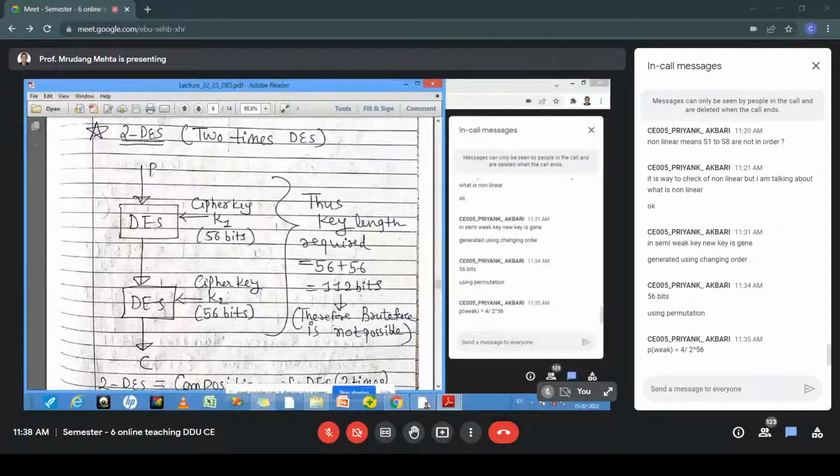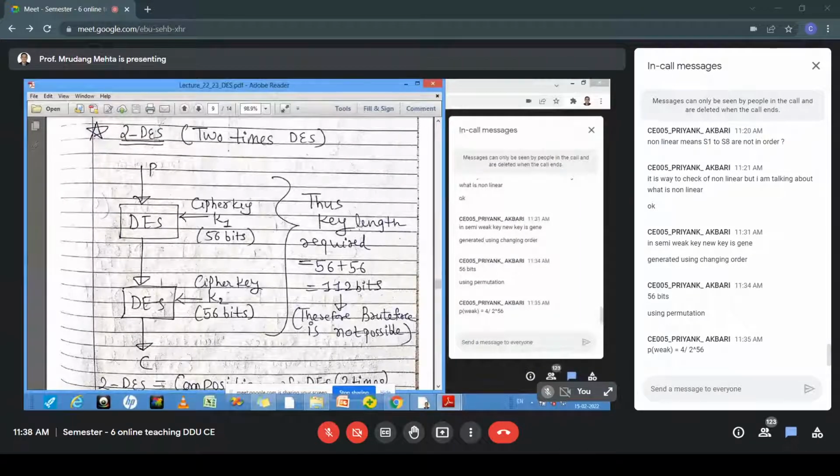Plaintext goes through DES with cipher key K1, 56-bit. Then it uses another cipher key and goes through the whole of DES again. This is not one round. This is the whole DES again. So it generates some ciphertext. That ciphertext again goes through DES and it generates the final ciphertext, right?